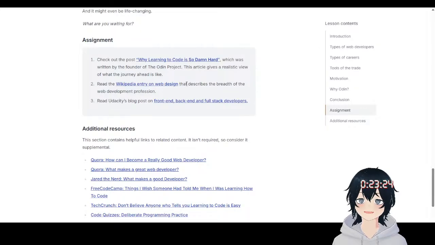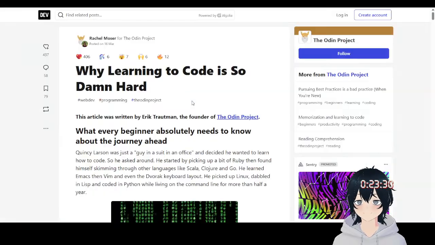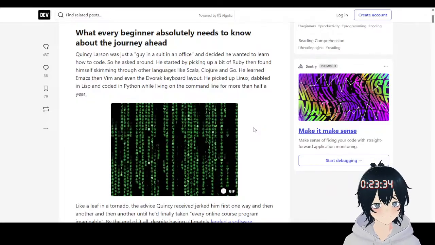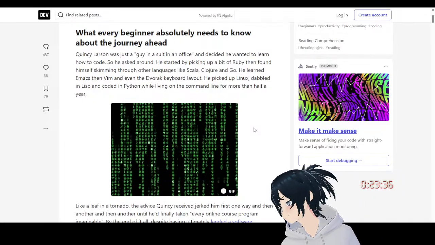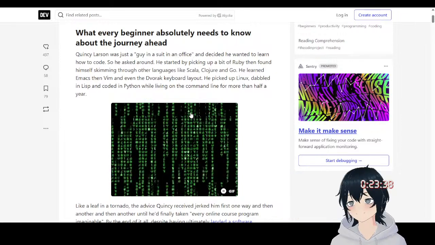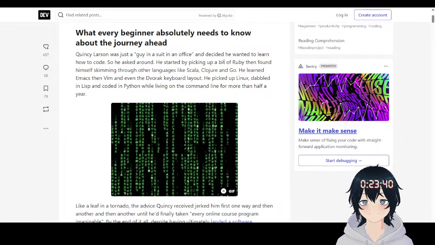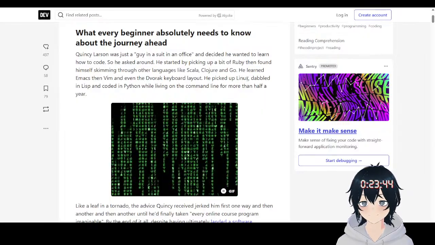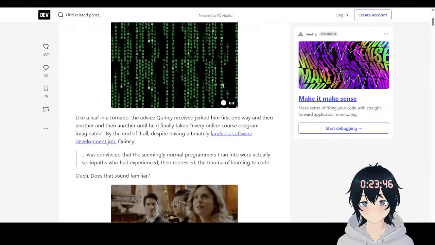The Wikipedia entry of web design describes the breadth of the web development profession. Front-end, back-end, and full stack. Full stack. Just a guy in a suit, a businessman. Very nice.